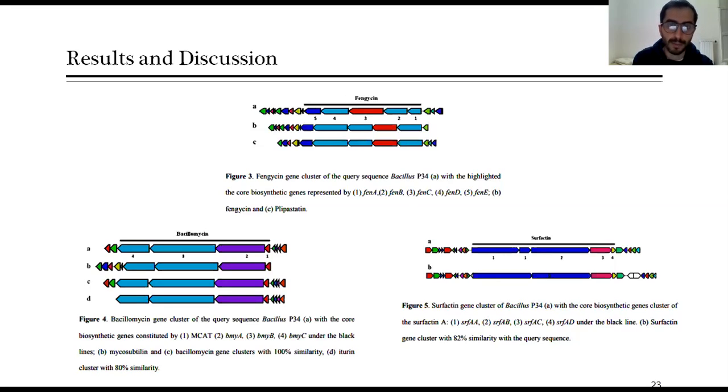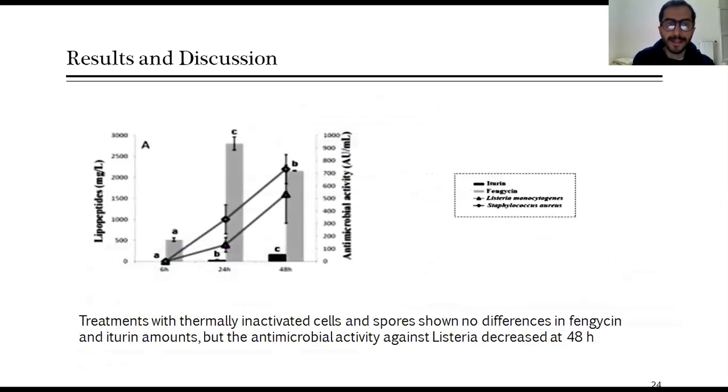Here I reported a figure where the experimental results were shown. It was possible to identify that there is a synergic effect: when there is a higher quantity of lipopeptide detected, there is a higher antimicrobial activity.